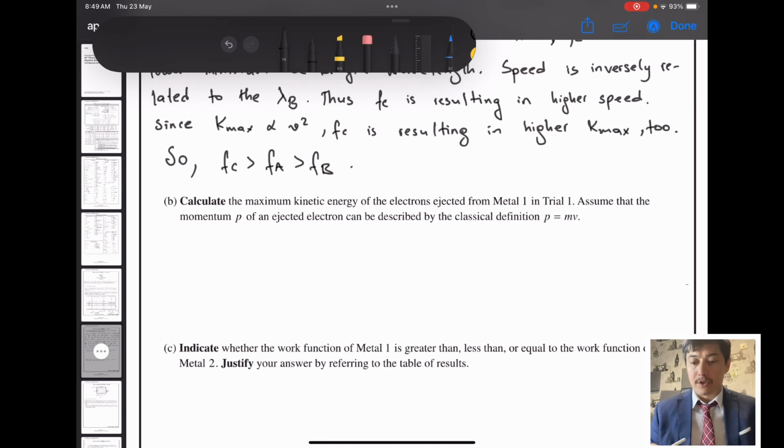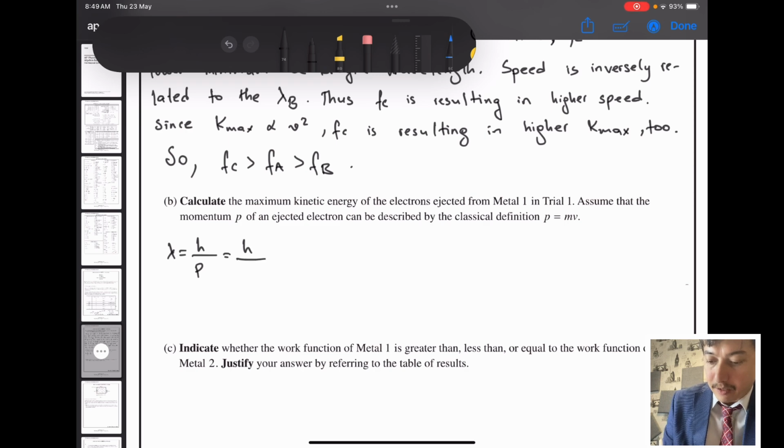All right, next question. Calculate the maximum kinetic energy of the electrons ejected from metal 1 in trial 1. Assume that the momentum P of an ejected electron can be described by the classic definition, mass times speed. Okay, let's start. Actually, we wrote it above, but let's write it one more time here. P is equal to mass times speed.